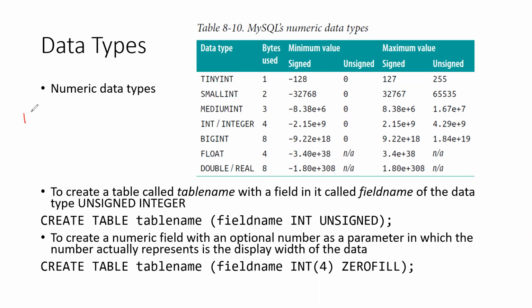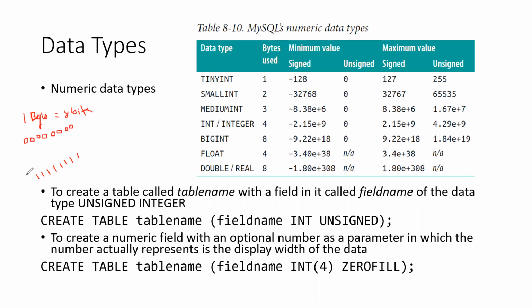So we know that 1 byte means 8 bits. So that means you have values from 8 zeros going up to 8 ones, right?